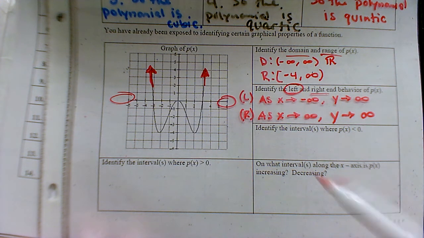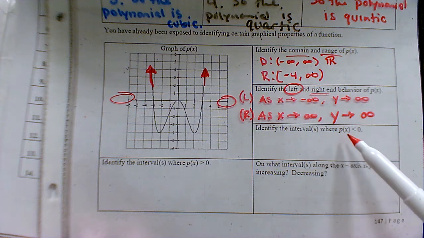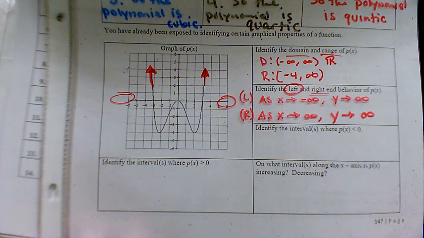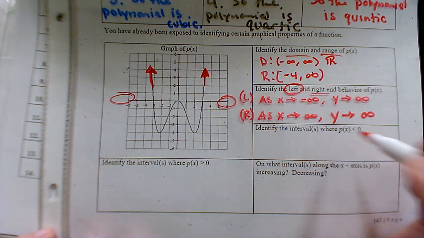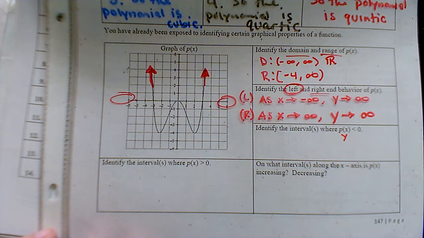All right. What about the next one? Identify the intervals where p of x, the graph, is less than 0. What should we be looking for in that case? Remember, p of x, g of x, h of x, whatever it's named, those are like y values. So we want y values that are less than 0. Where do those happen?